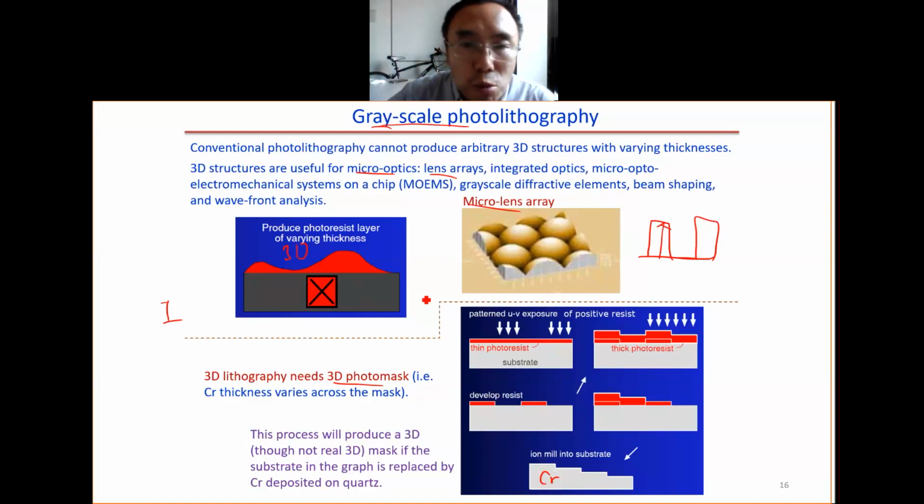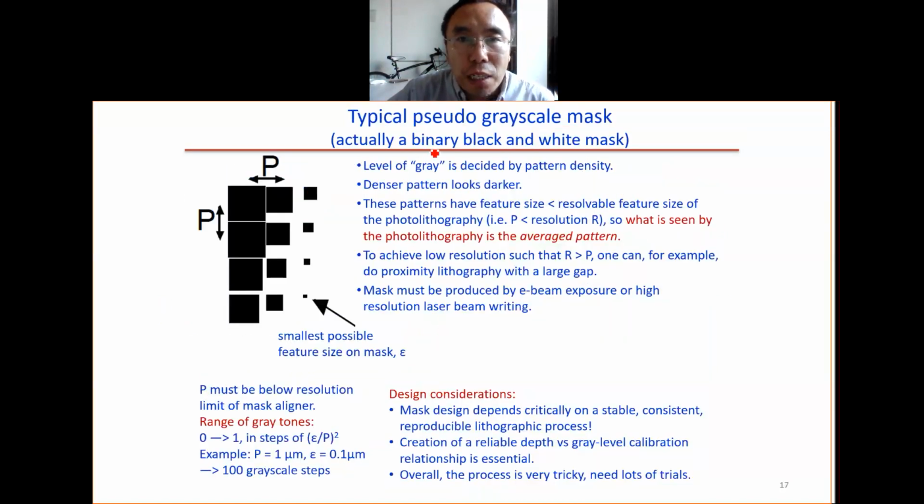A better way to make the grayscale lithography mask is to use this one. It's called a pseudo grayscale mask. It is still a binary black and white mask. In this case, each of these is like a pixel. It's filled with chrome, or a lot of chrome, or no chrome.